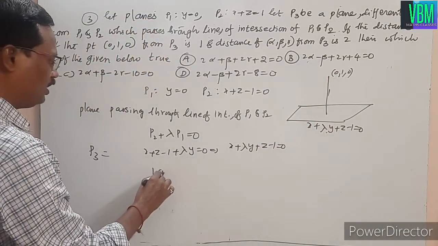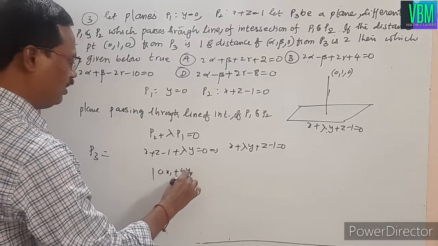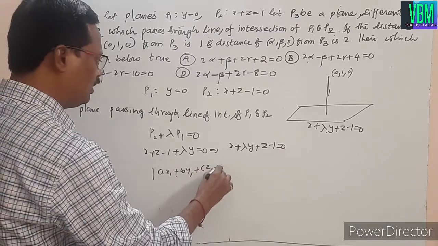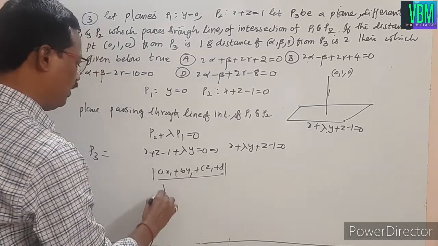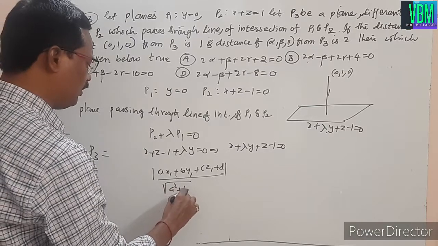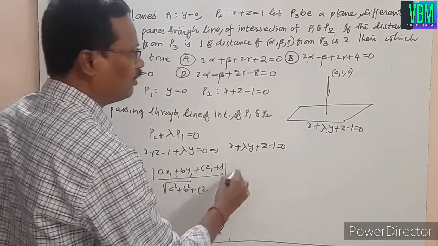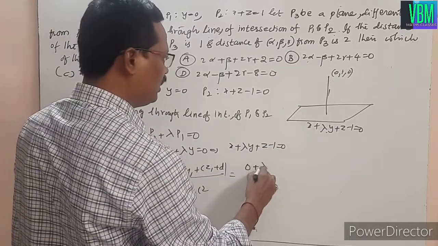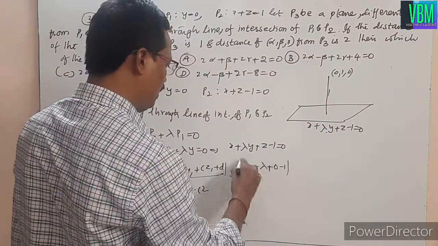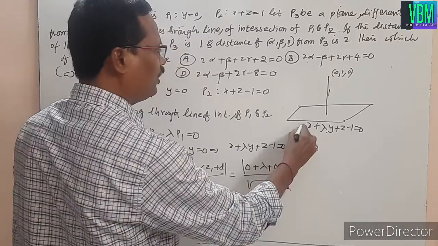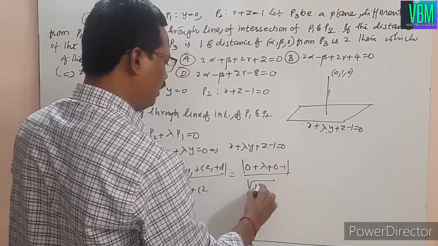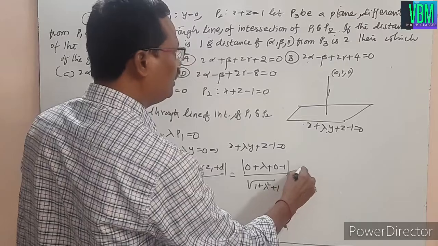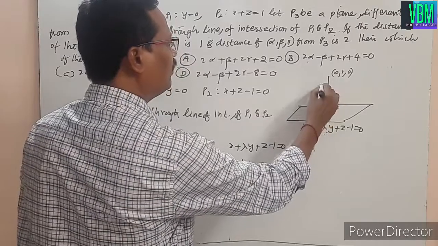Distance formula: modulus of a x1 plus b y1 plus c z1 plus d, by under root of a square plus b square plus c square. By using this distance formula, putting x1, y1, z1, we get 0 plus lambda plus 0 minus 1 by under root of 1 plus lambda square plus 1 square is equal to how much is given? They gave 1 unit.